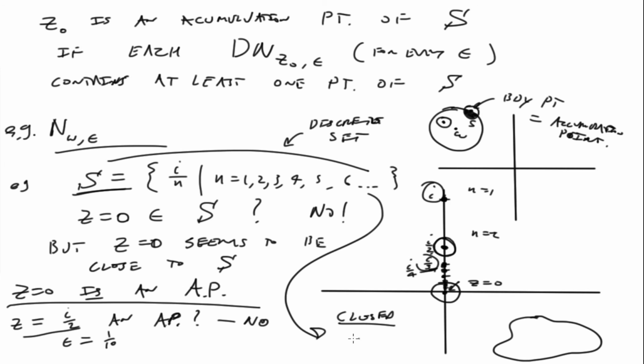Another aspect of it is every point is a boundary point. But there is this point z equals 0 that we're heading towards, and we could call that a boundary point as well. So that's an example of another interesting set we could study.